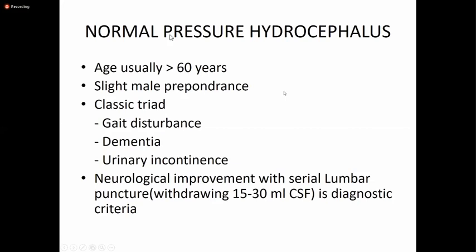So in the elderly age group, greater than 60 years, you have to differentiate between atrophic dilatation of the ventricles and multi-infarct dementia.